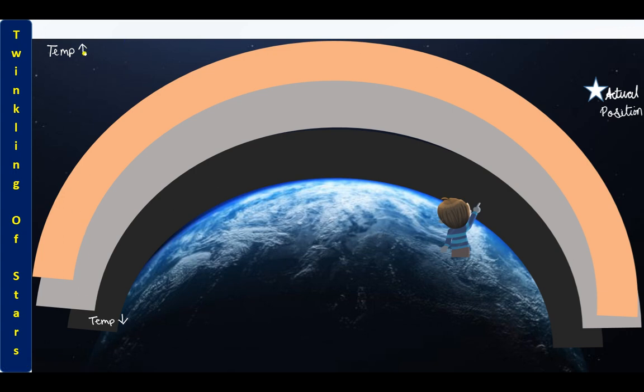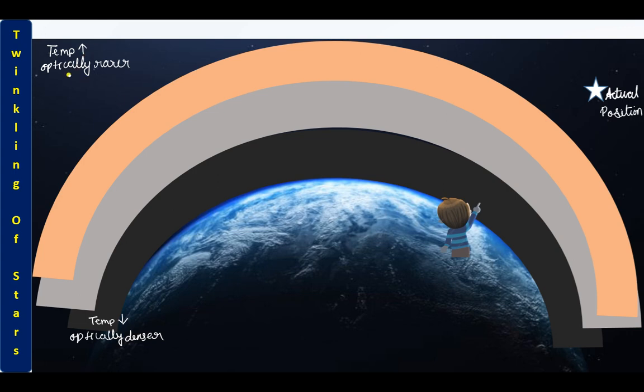Here temperature is more, here the temperature is less. So if temperature is more, I can say that this is an optically rarer medium, and near the surface of the earth there will be an optically denser medium, because the temperature is less.